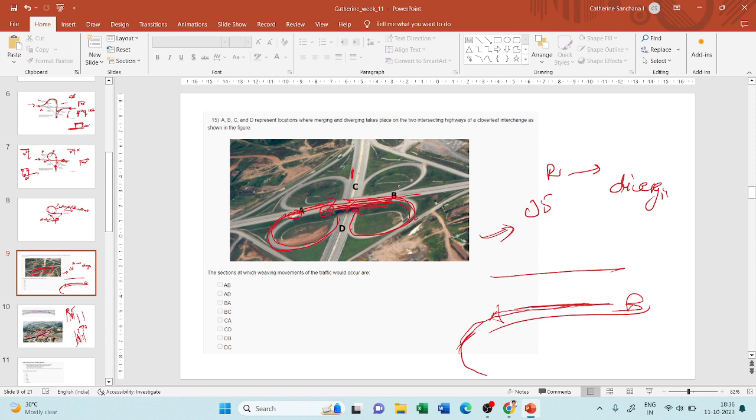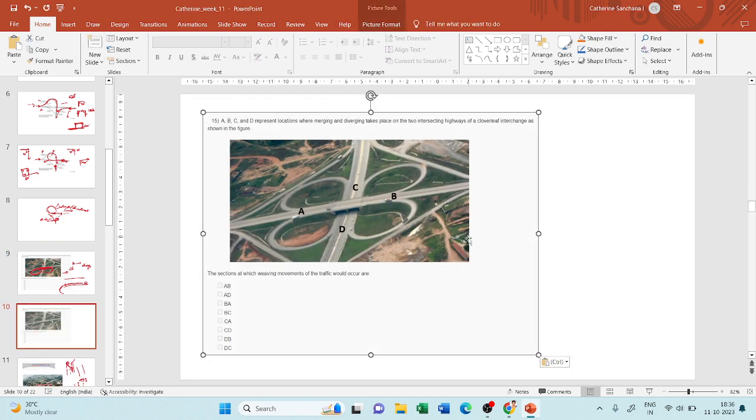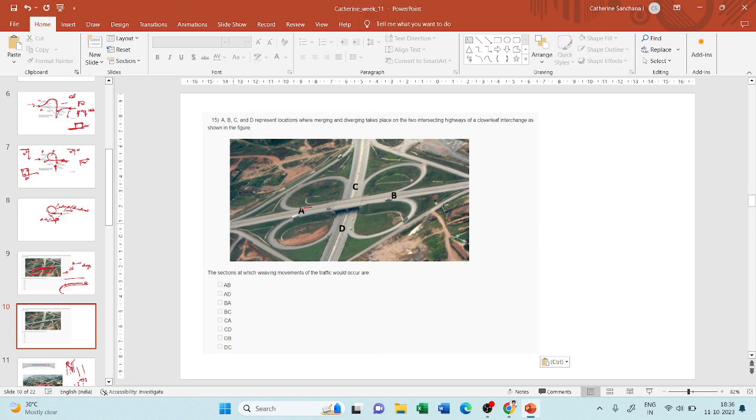So in this length of A to B and B to A, you will have merging and diverging maneuvers, right?